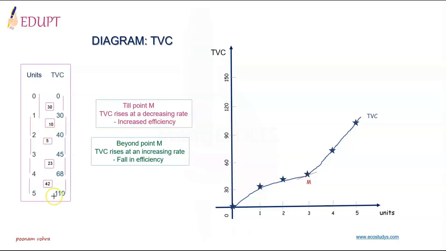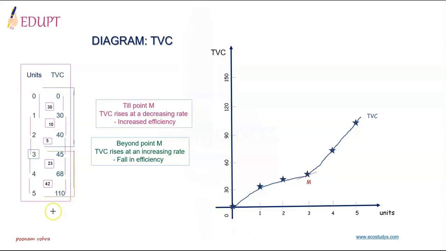What does it mean? It implies that initially, with increase in units produced, total variable cost is increasing but at a decreasing rate. This occurs till third unit is being produced. Thereafter, with increase in production, total variable cost increases at an increasing rate.